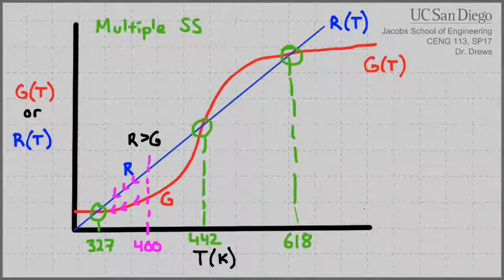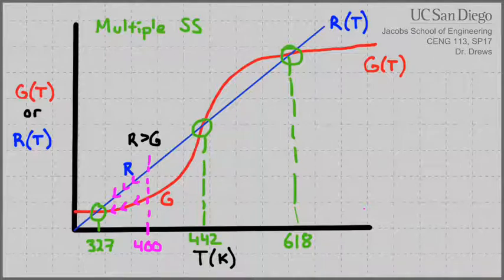So if somehow I just very quickly heat the whole reactor up to 400 K, and then take away whatever I was doing and let it operate in its normal sense, it's going to slide back to 327. It's going to find the nearest steady state. If R is greater than G, it's going to tend to cool down. It's going to get colder.